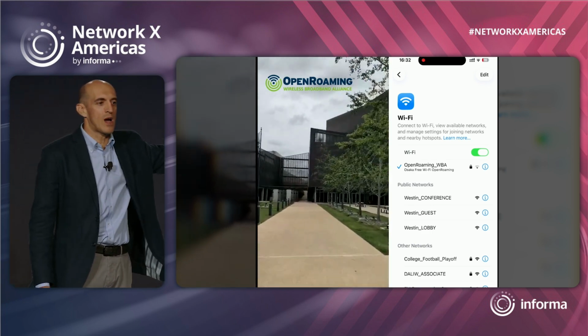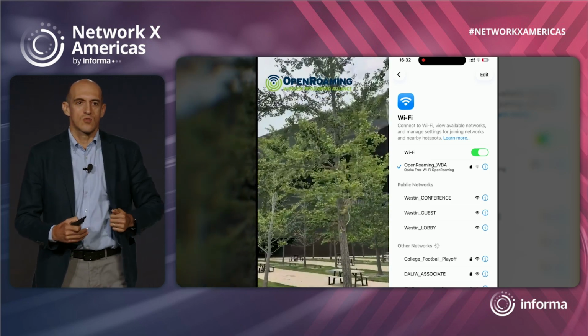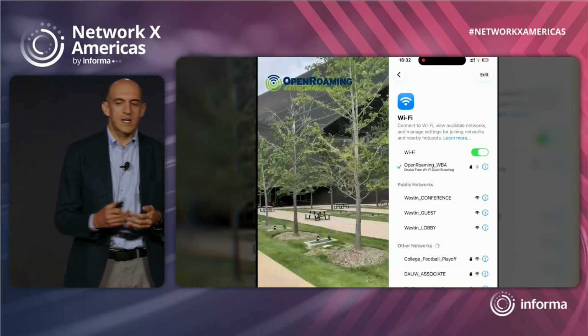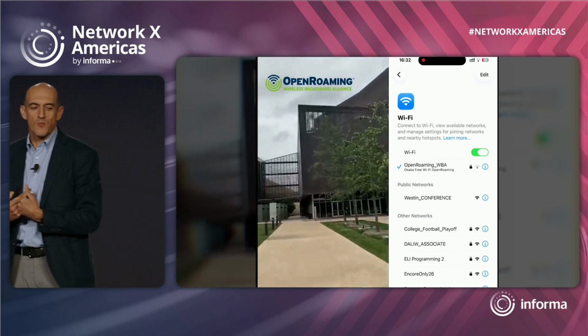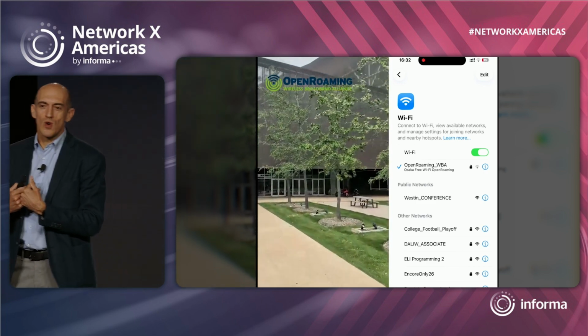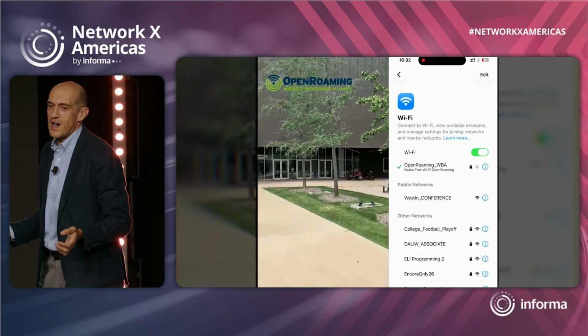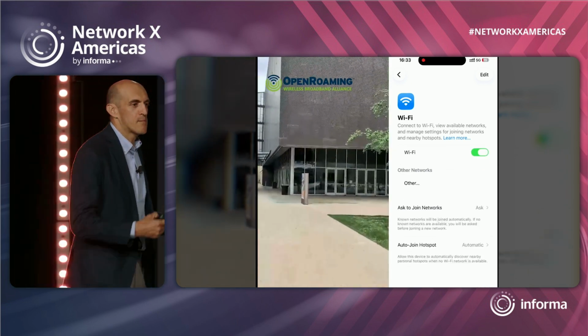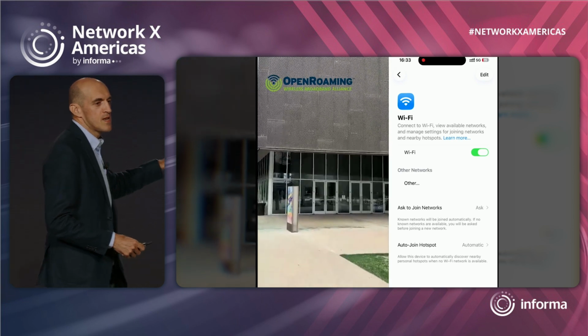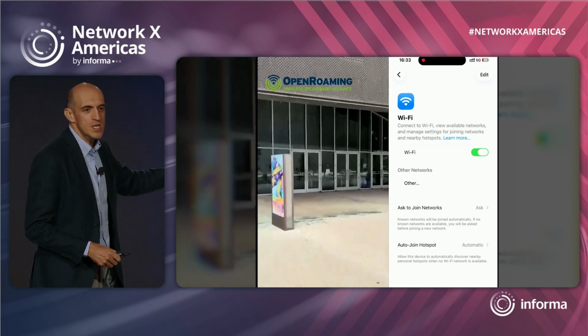Slowly my Wi-Fi coverage is downgrading until, as I keep walking, I lose the signal of the Wi-Fi at the Westin. And I'm back to 5G. So I'm now on 5G connectivity while I'm walking into the convention center.